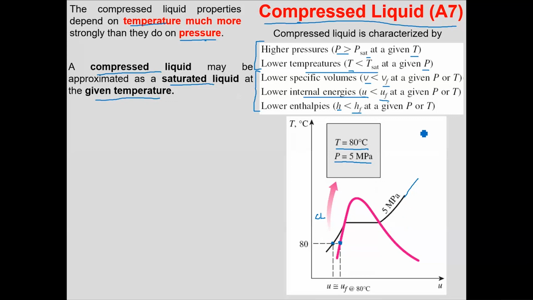So I'll go to table A4, I'll go to 80 degrees centigrade and I'll read out the value of, sorry, I'll go to table A5 and I'll see where the saturation temperature is 80 degrees centigrade. I'll read out the value of uf. Clear?